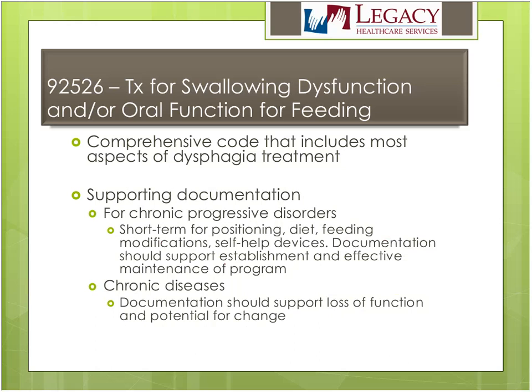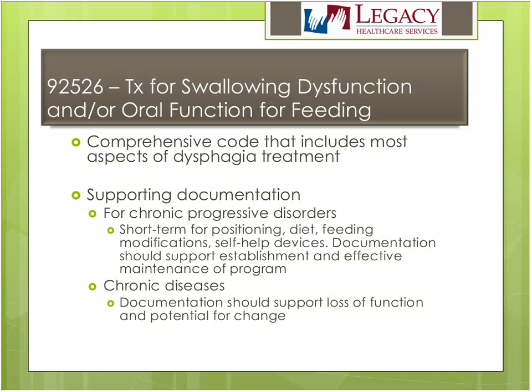92526 then is the CPT code for swallowing dysfunction. And so this is the treatment code for somebody that you've evaluated for a swallowing disorder. Documentation for swallowing treatment, when you have a chronic progressive disorder, the intervention is going to be short-lived.